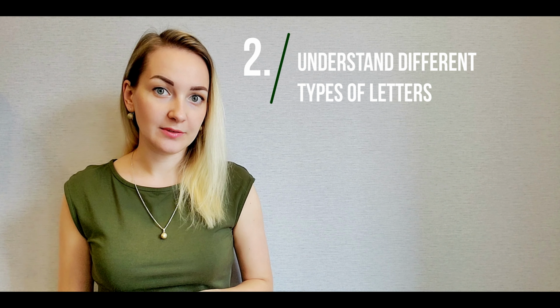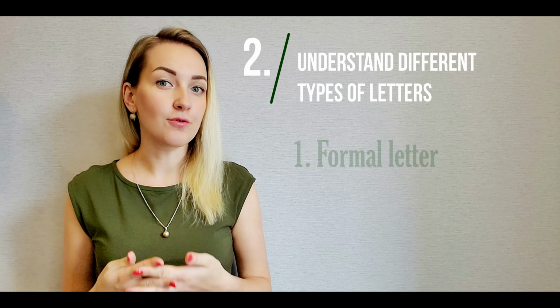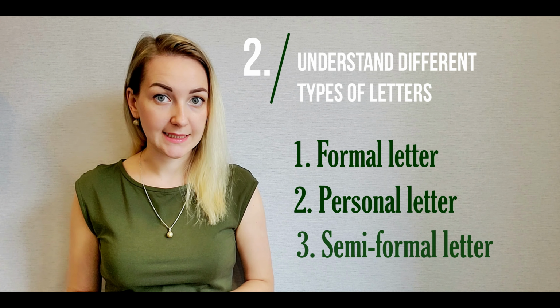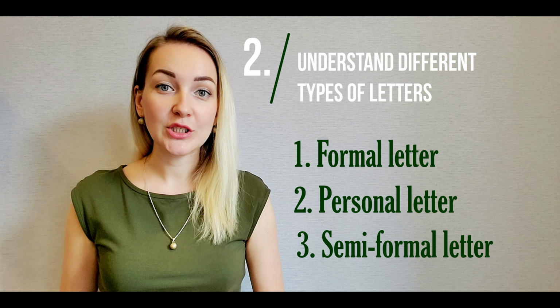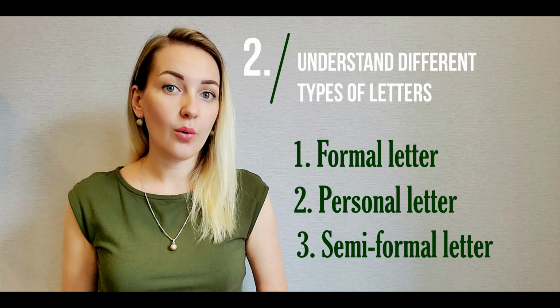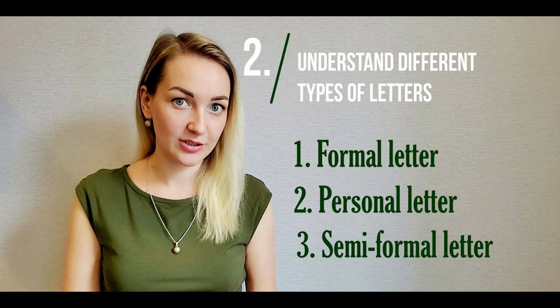Tip number 2. Understand different types of letters. There are 3 types of letters in the IELTS: a formal letter, a personal letter, and a semi-formal letter. Formal letters we write to someone who we don't know, such as a company or a manager of the company, as we have in a sample question.